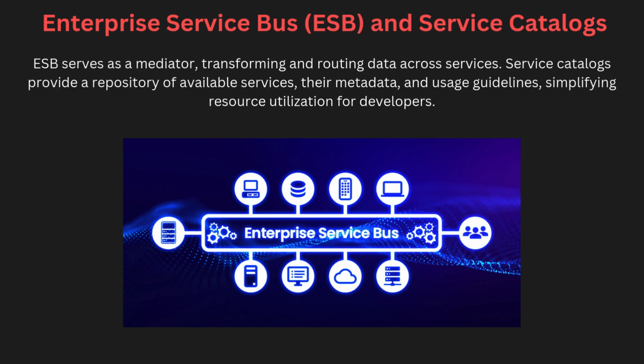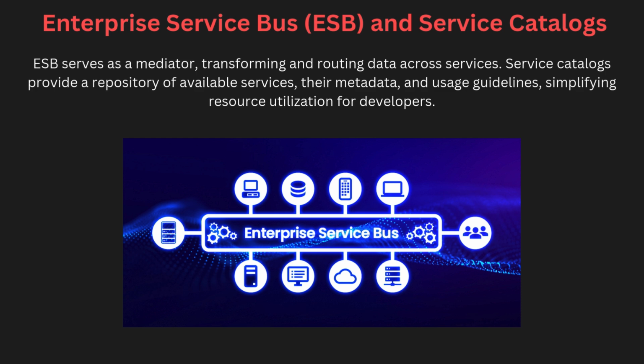So now the Enterprise Service Bus, ESB, and service catalogs. The Enterprise Service Bus is a central component of SOA that manages the communication between services. It acts as a mediator, ensuring data is transformed and routed correctly across applications.